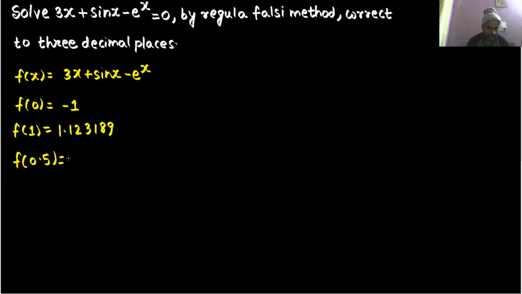So you are getting a positive value, 0.330704. Now we can say that the root was lying between 0 and 1, and it can also be written that the root is lying between 0 and 0.5. So the interval on which we need to work is between 0 and 0.5.